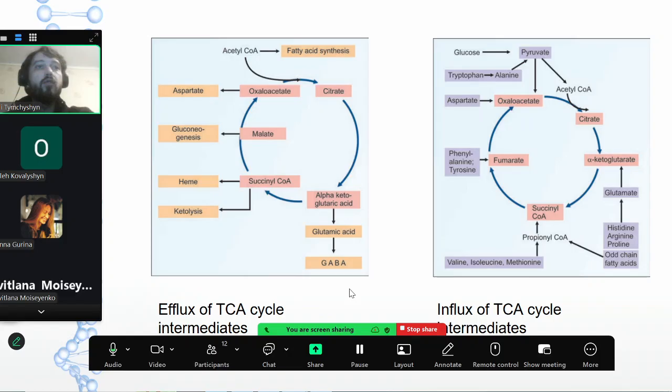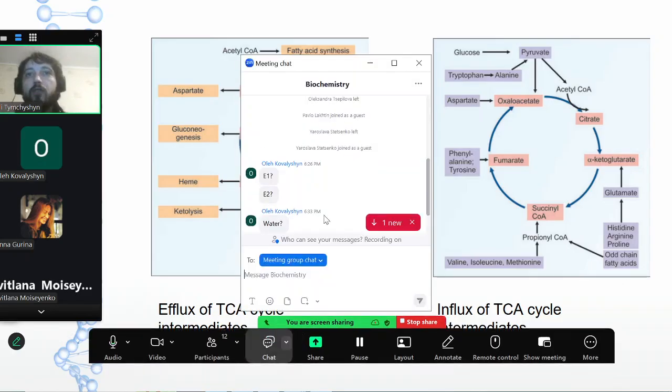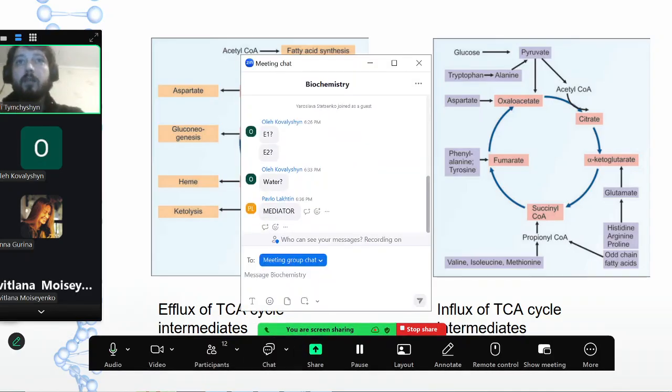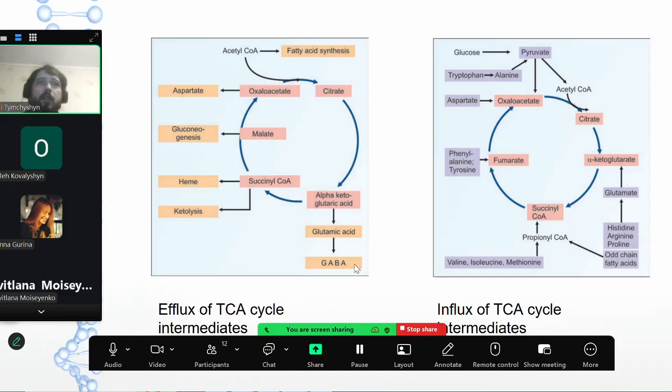Probably you know what GABA is, or gamma-aminobutyric acid. Did you ever study neurobiology? I guess not. So this is one of the neurotransmitters, or mediators, one of the main neurotransmitters in our brain. I guess we will get to some of that topic, because I really like neurobiology and neurobiochemistry, and we will definitely meet GABA there.